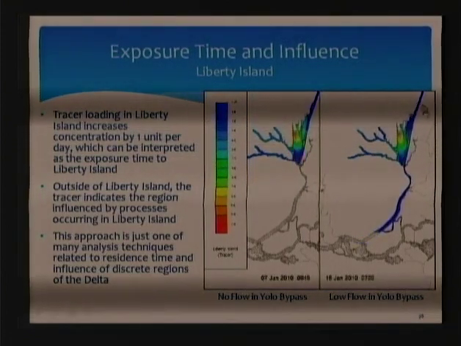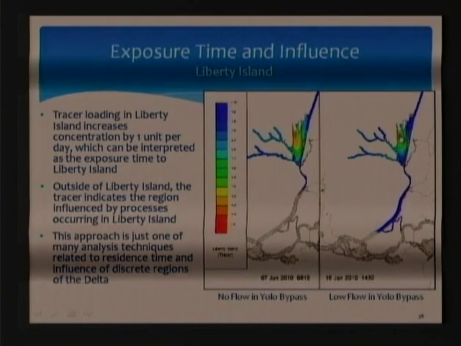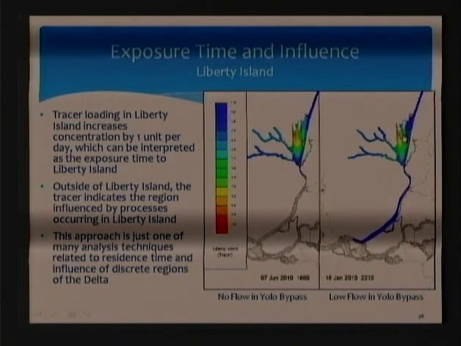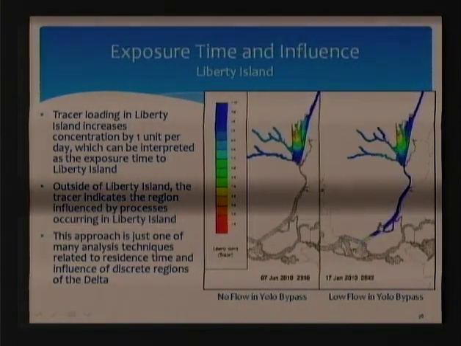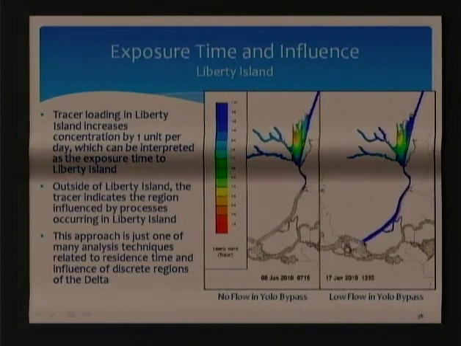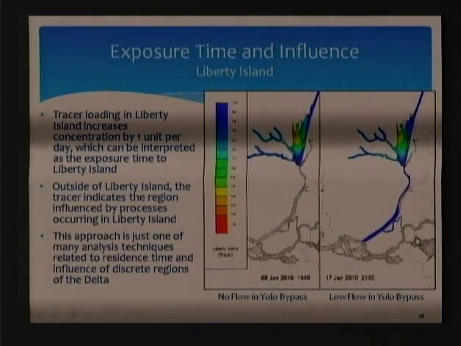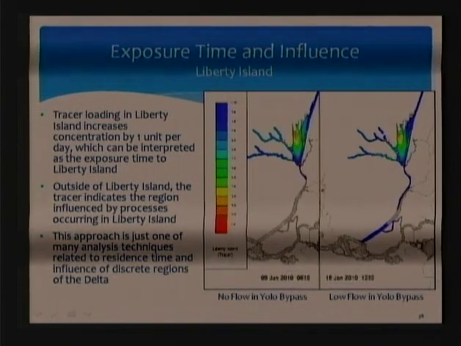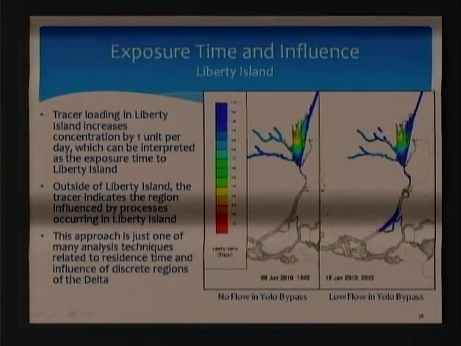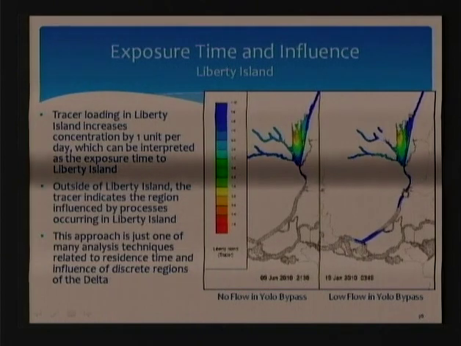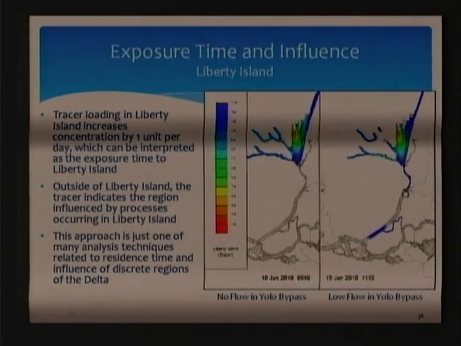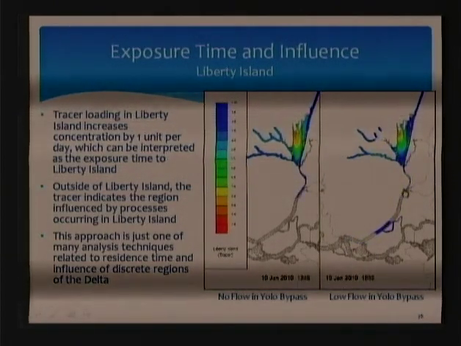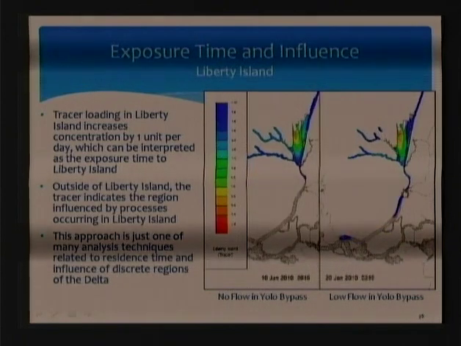As soon as you get flow in the Yolo bypass, that material that was developing in Liberty Island begins to flow down and move out towards Suisun Bay. And you notice it's not headed for Frank's Tract very much in this condition. I think there's a lot of interesting things to be explored about these local restoration opportunity areas. Where's the zone of influence of those areas?